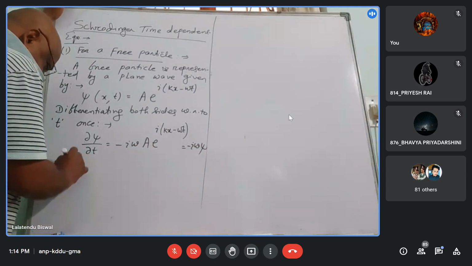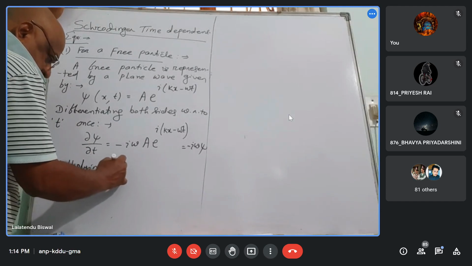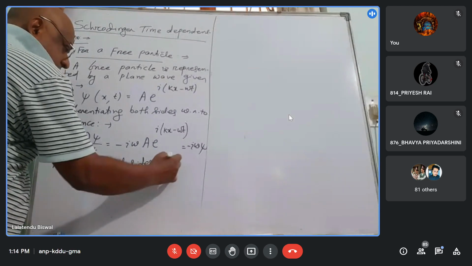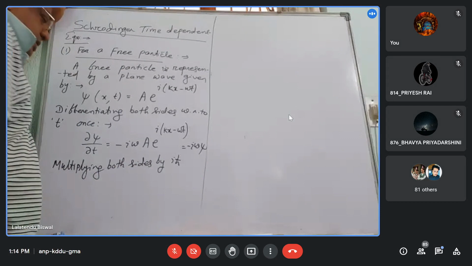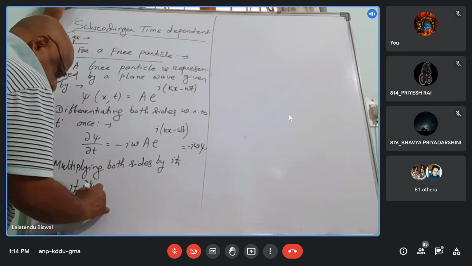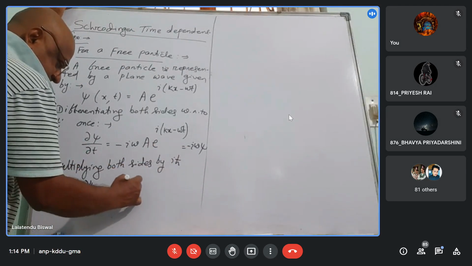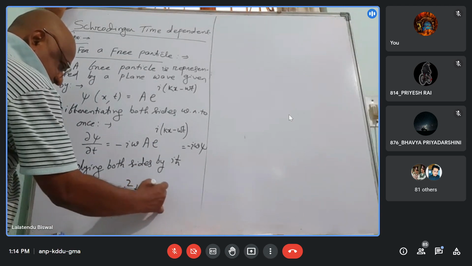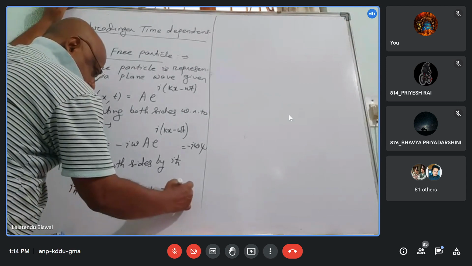Multiplying both sides by i h cross. If you multiply both sides by i h cross, what you get? i h cross del psi by del t is equal to minus i square (i is root over minus 1) h cross omega psi, and i square is minus 1, so minus minus plus, so h cross omega psi.